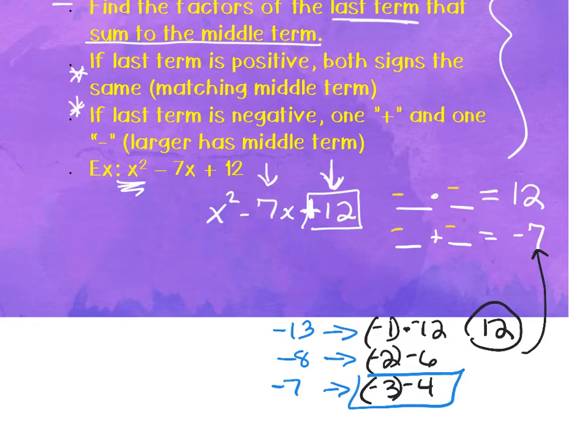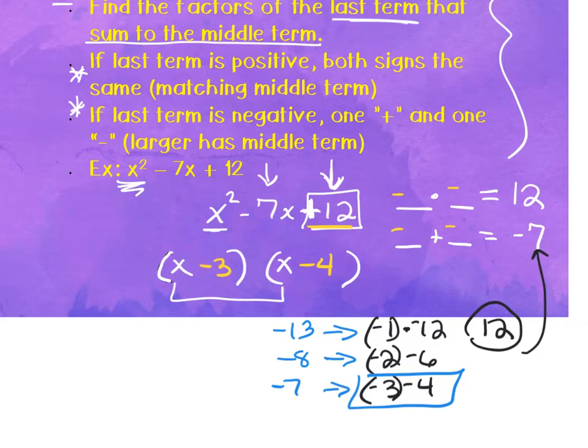So when I go to factor my trinomial, I'm going to set up two binomials. I take the x and split it, because if I were to FOIL this, x times x gives me x squared. So the factors of x squared are just x times x. Then I take the factors of the 12, negative 3 and negative 4, and put them there.